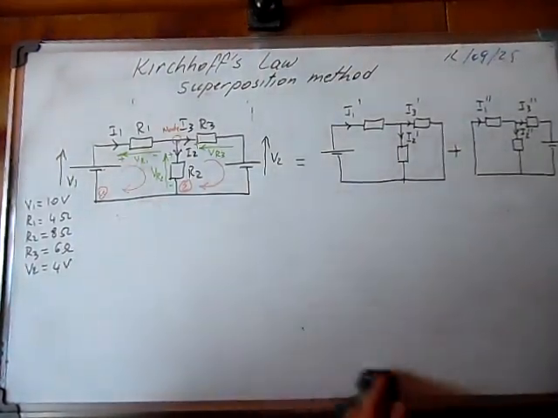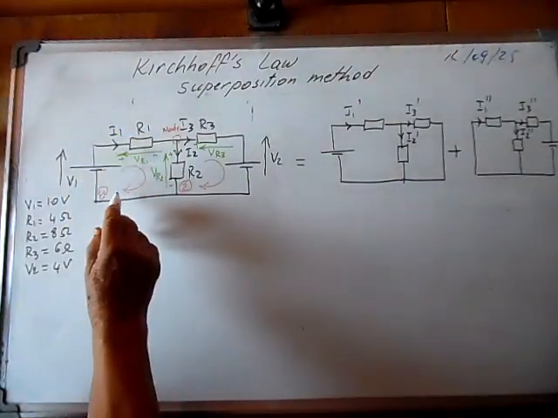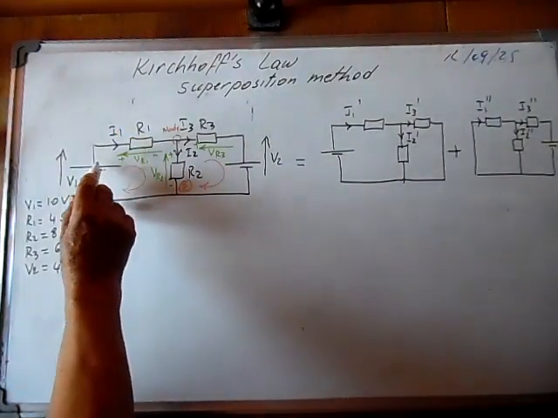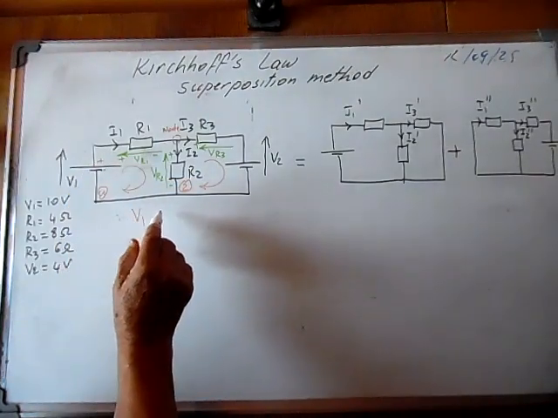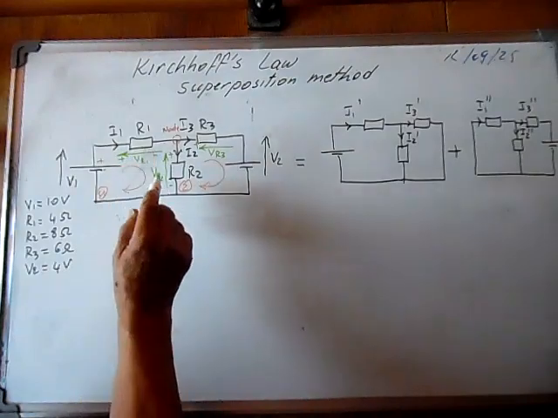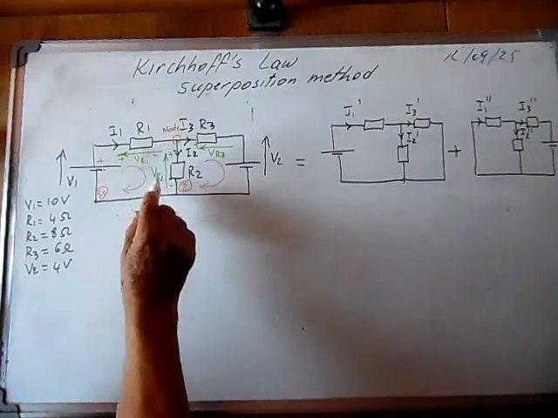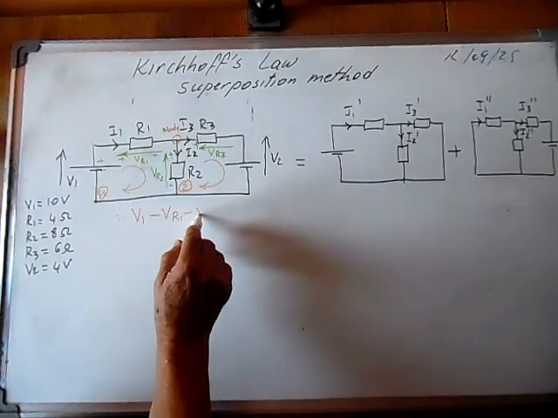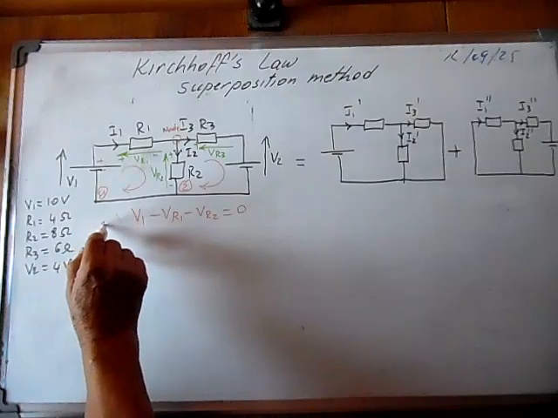So if we go in the clockwise direction, if we come from minus to plus, we write plus V1. If we go from plus to minus, we write minus VR1 minus VR2 is equal to 0. This is the first equation.